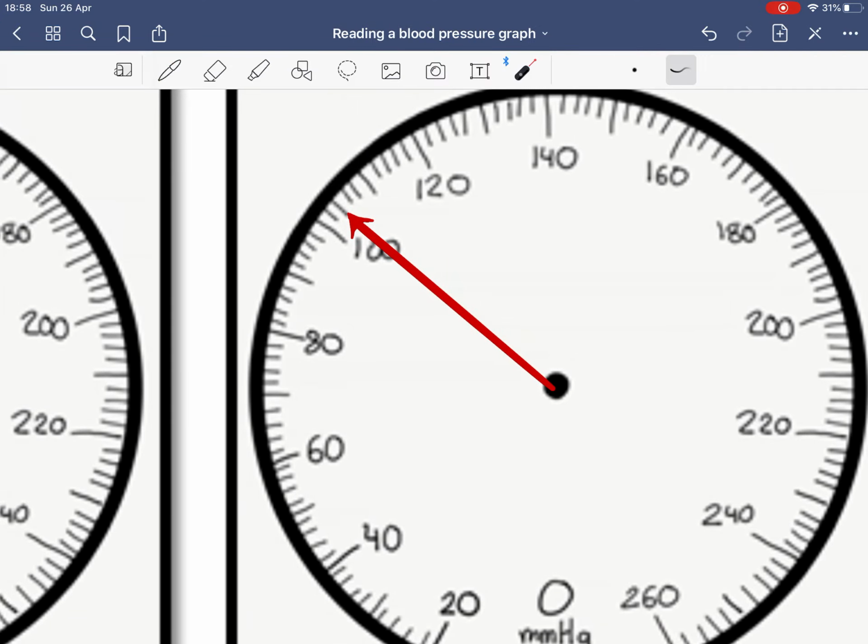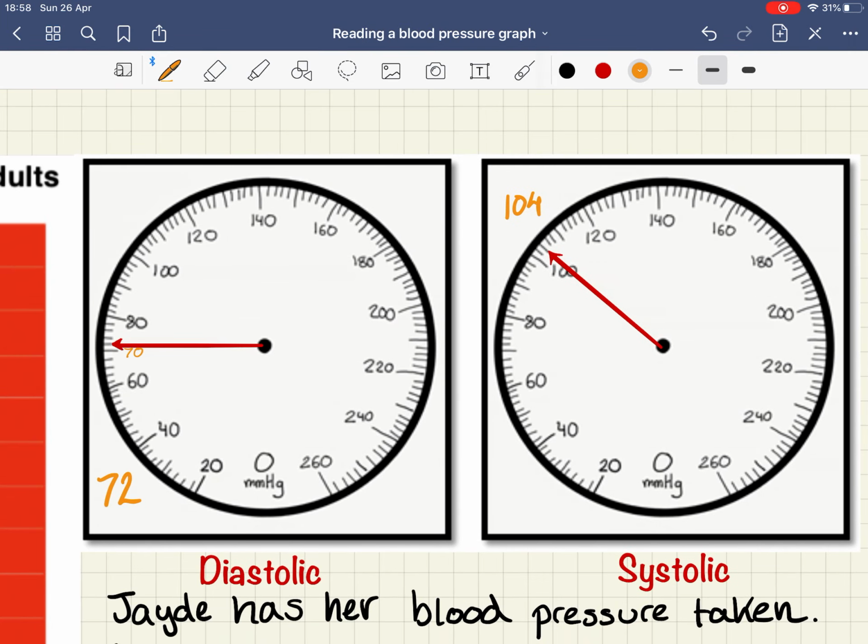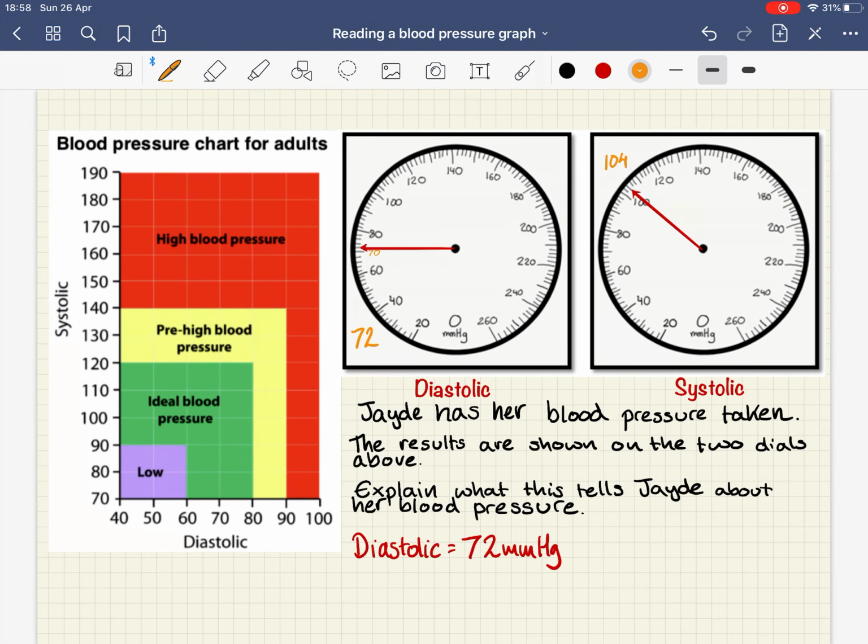I'm not actually going to bother about that middle line here because now we've got the idea about it going up in twos and I don't need to really worry about it. So here is 100, 102, 104. So our systolic equals 104.